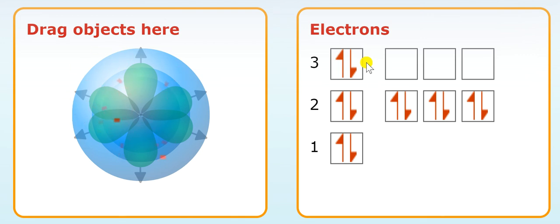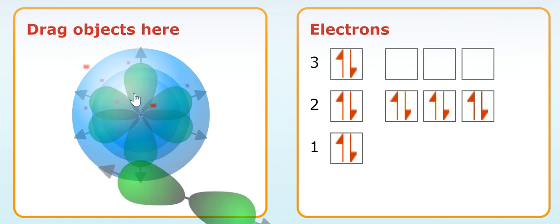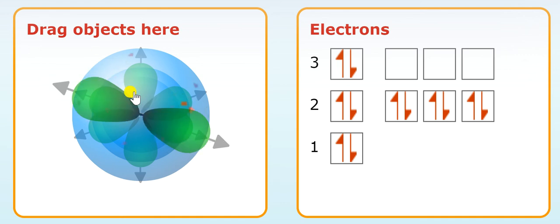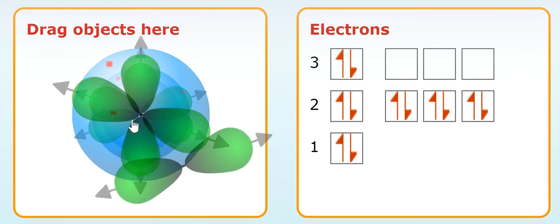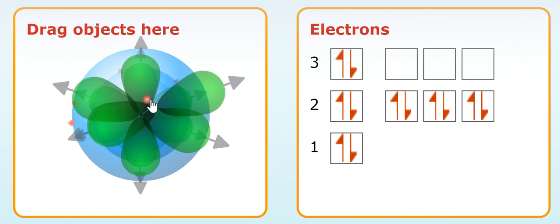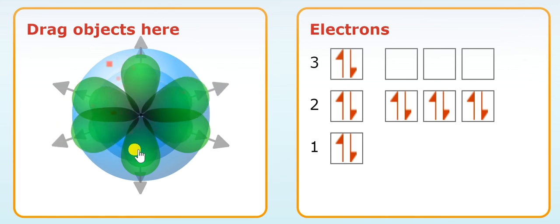Now the next part is 3p. Let's add a 3p. And I'm going to go ahead and add all 3 copies of 3p because I know that the p sublevel has 3 copies of those p orbitals. So I just added all 3 p orbitals. Okay, and so when I write out these boxes, I'm going to have to write 3 boxes for the p sublevel every single time.